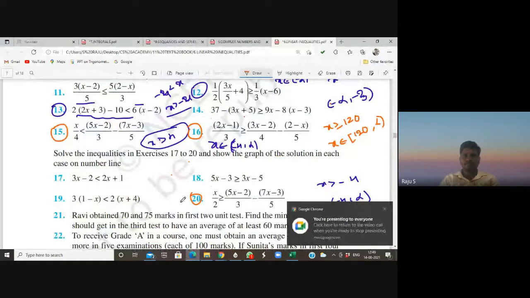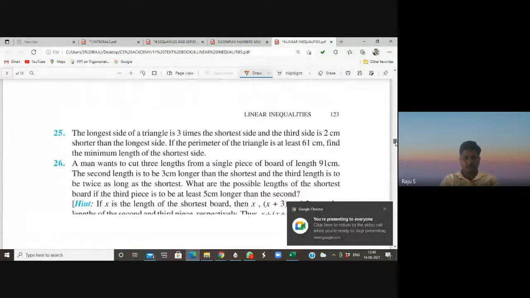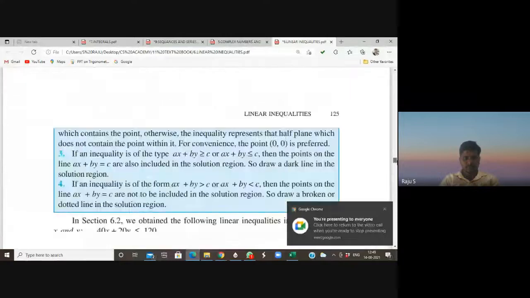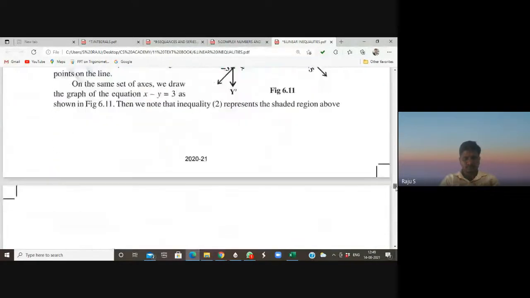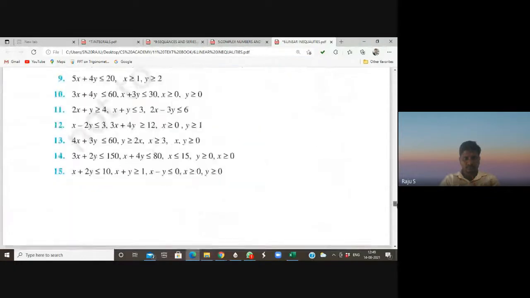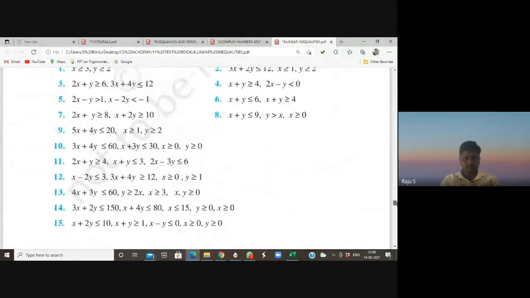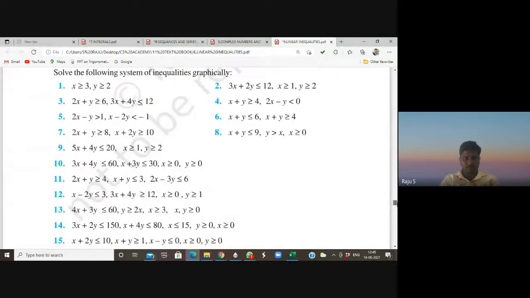And then you can do like, actually we have to solve this equation graphically. So all are inequalities only. Inequality means x is not equal to a.